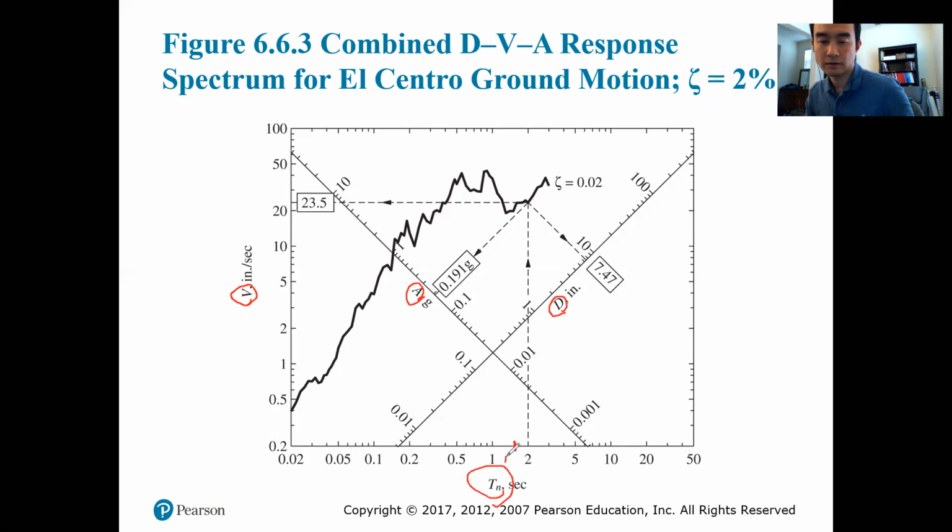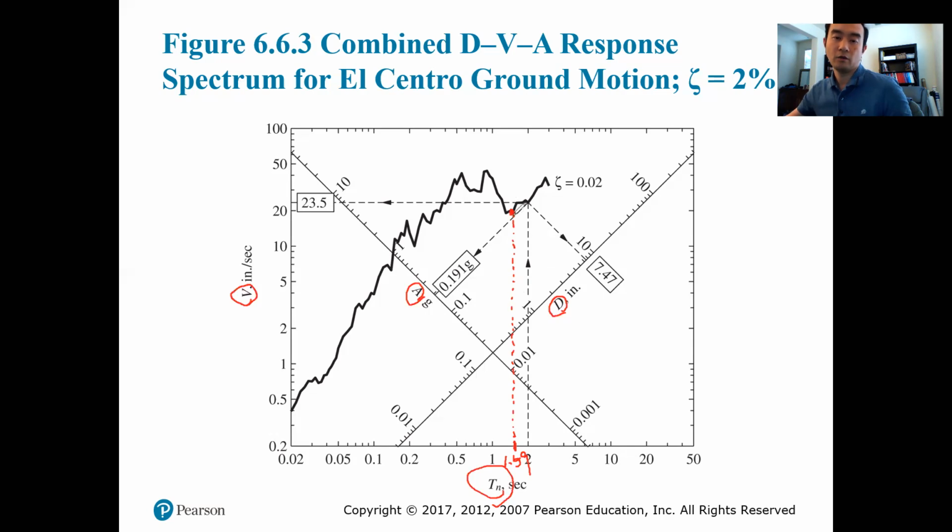So let's say this is 1.59. Then from there, we draw a straight line vertically until you meet this graph. This is going to be the intersection point.